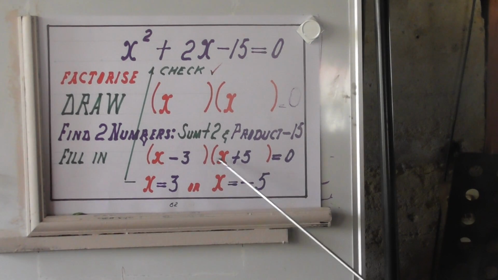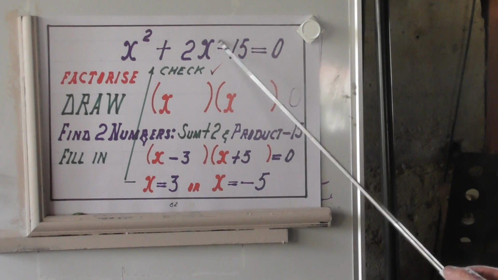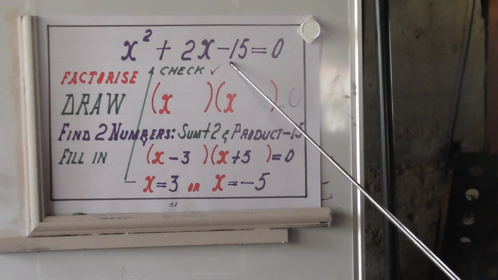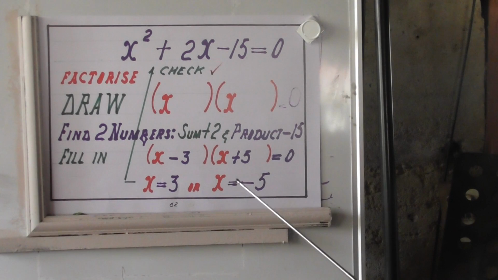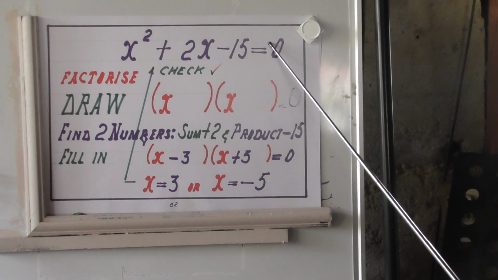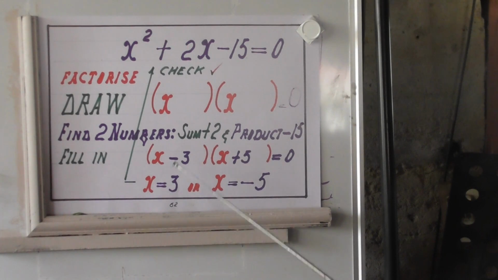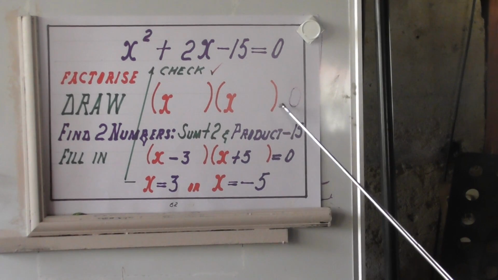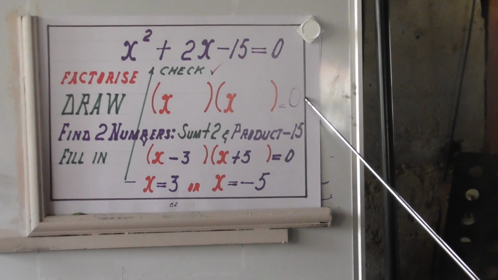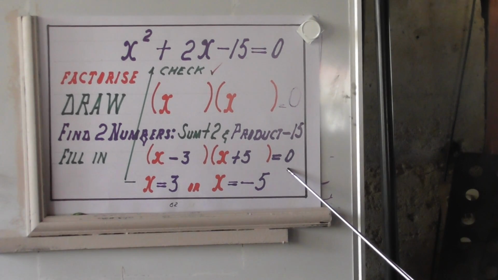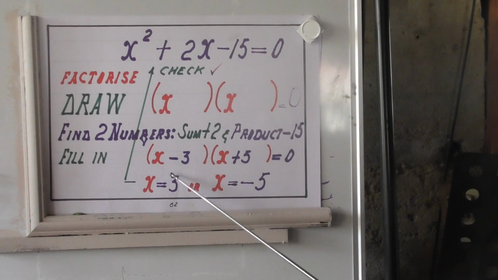Because positive 3 and negative 5 is okay here, but then the negatives are winning, so the second one cancels the first one. So we fill in, the numbers are negative 3 and positive 5, but those are not the answers. That's why I'm saying I should have filled in this equals naught. Well, this can only be naught if x is 3 or x is negative 5.